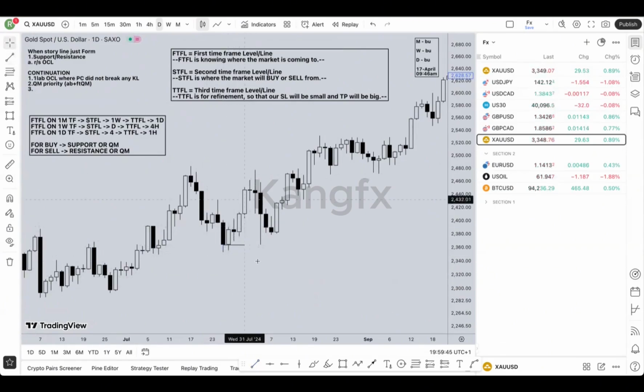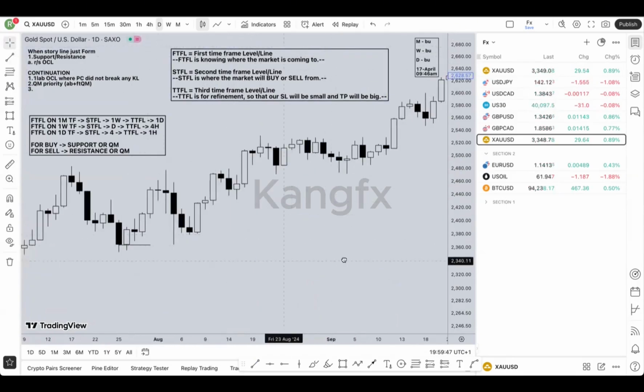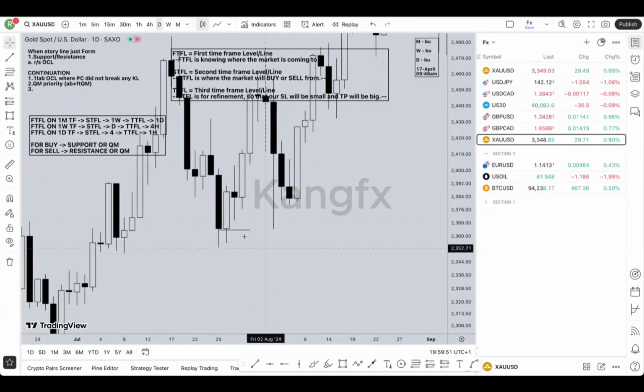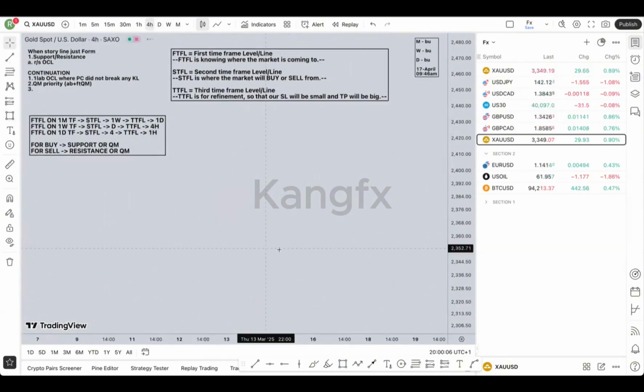Let's say there was a storyline that I set. I'm going to do the same thing. I'll look for SCFL. I get the rectangle, draw it from the body, you see that body close of the candle, extend it one step, then go down to 4 hour.